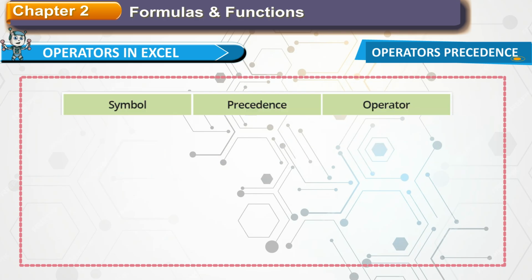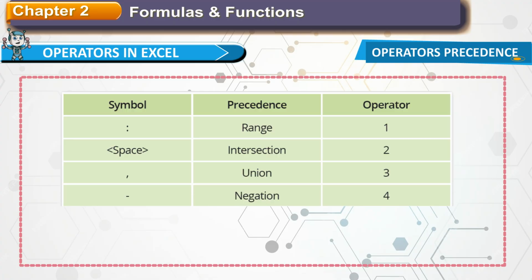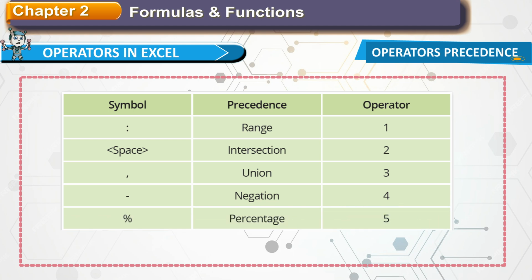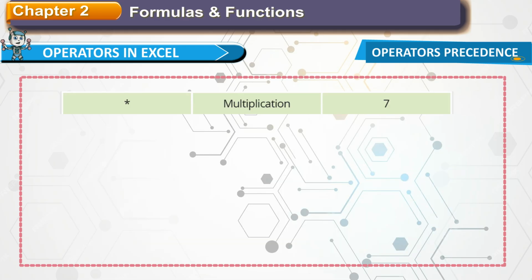Symbol, precedence, operator. Colon, range, 1. Space, intersection, 2. Comma, union, 3. Hyphen, negation, 4. Percentage, 5. Caret, exponential operator, 6. Multiplication and division, 7.